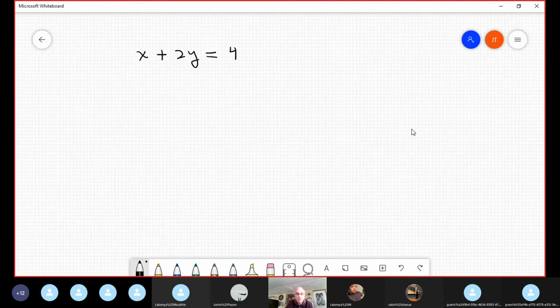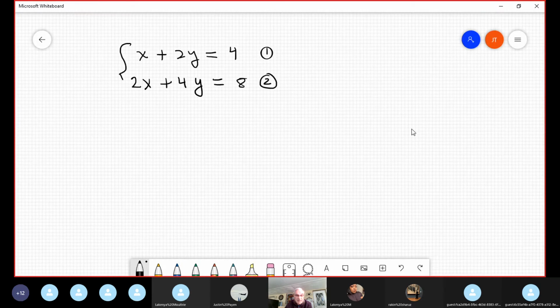Yes. This is my equation 1 in this new system, x plus 2y equal 4. This is my second equation, 2x plus 4y equal 8, and this completely is my system, my linear system of equations, that contains two equations. I need to find the solution. Okay. In this moment, what method do I select? Substitution or elimination? I suppose that substitution is good.